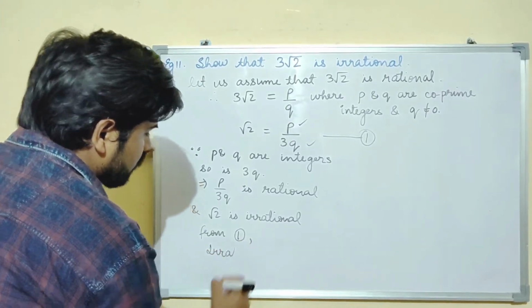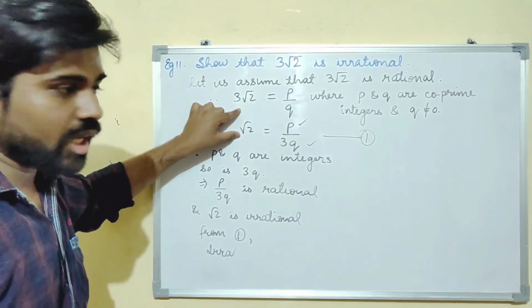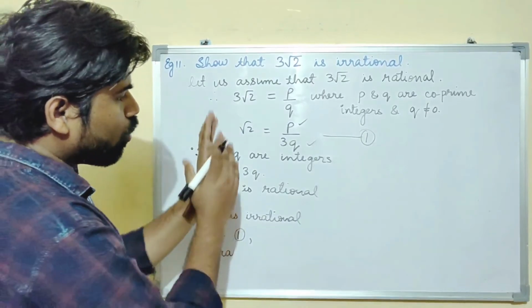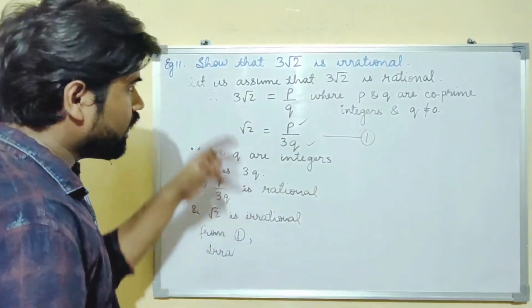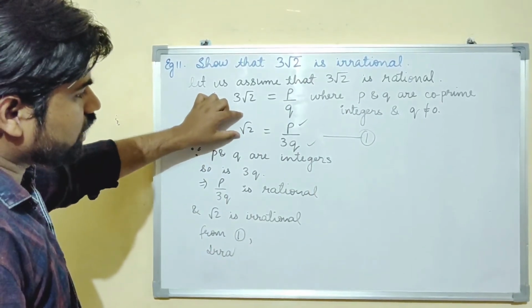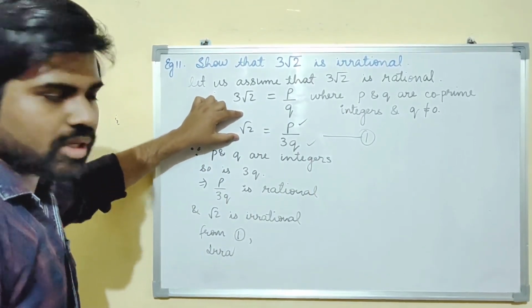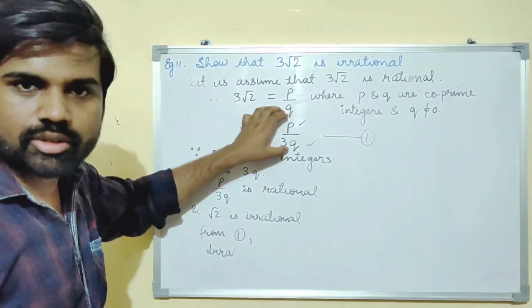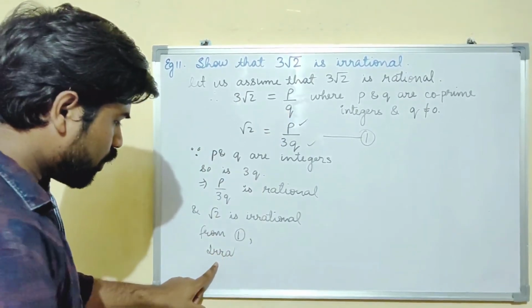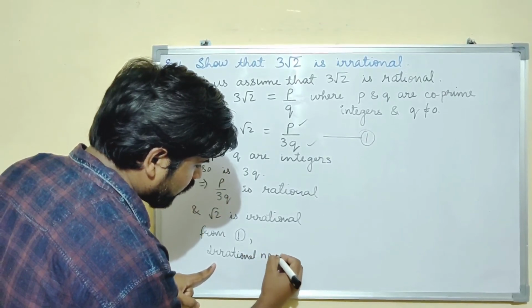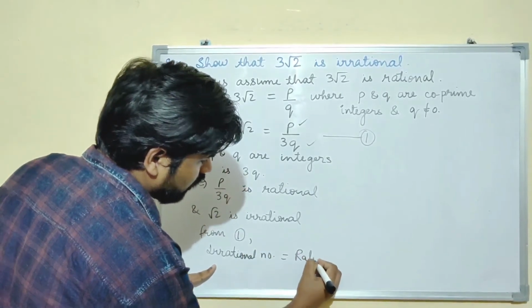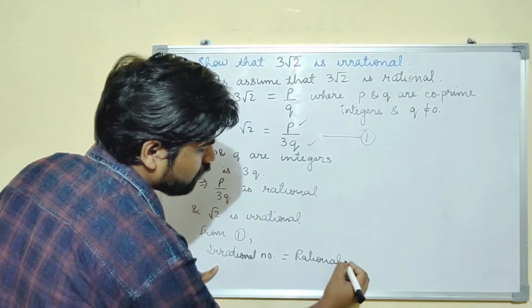Do notice where you have written the irrational number. In the previous question our rational number was on the left hand side and the irrational number was on the right hand side. In this question the irrational number is on the left hand side and the rational number is on the right hand side. So you will write irrational number is equal to rational number, but this is not possible, right?